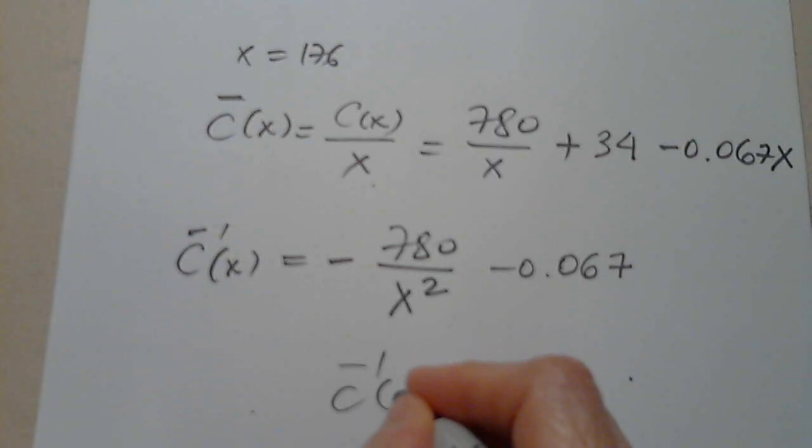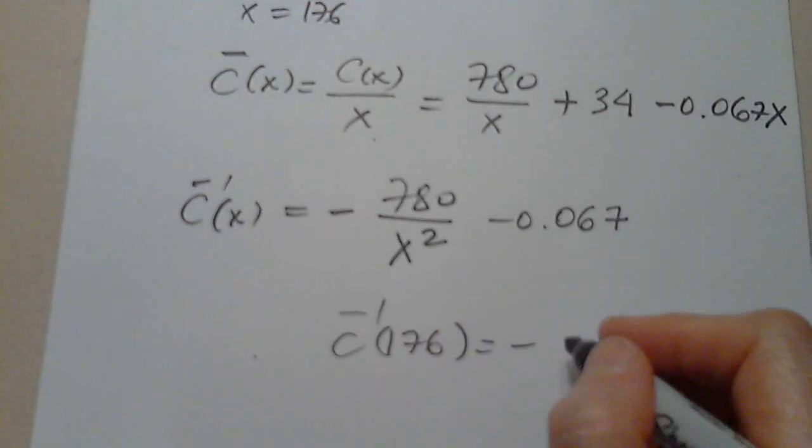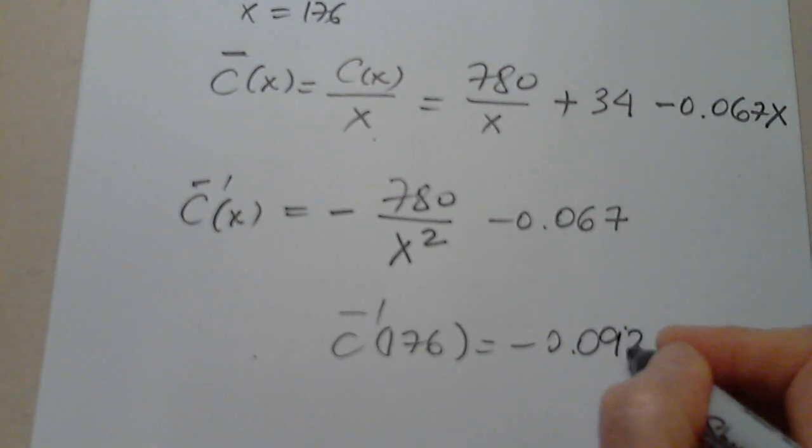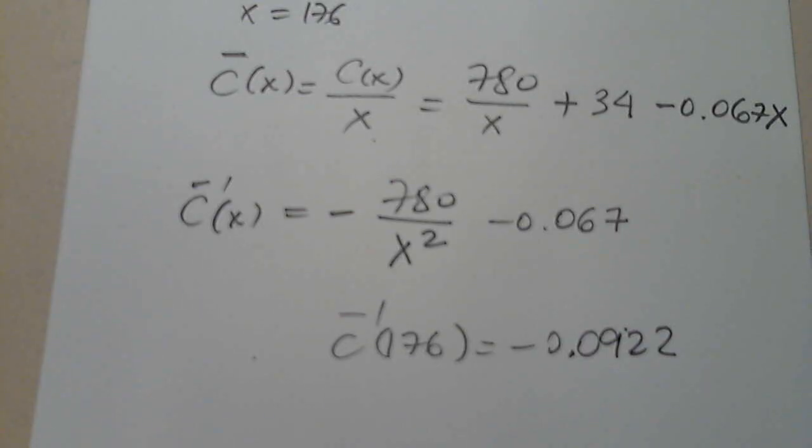So C prime of 176 is negative 0.0922. And the measurement unit, because it's going to ask us, it cannot be belts, it's a rate of change. It cannot be dollars.